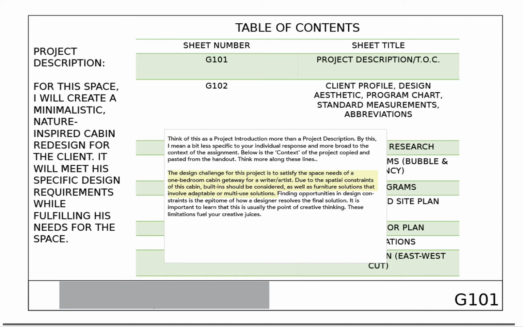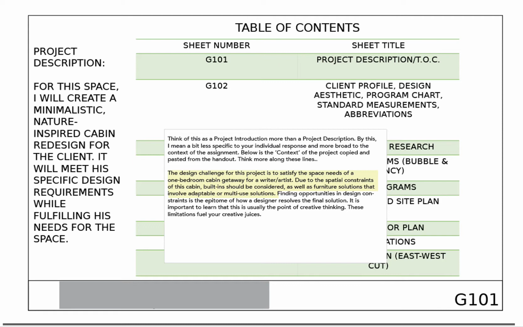So right off the bat, even though this page was in one of the activities, it was included. And so just to provide a little bit of feedback for it, it does say project description, and then there's the table of contents. So in the assignment, it's actually called project introduction.